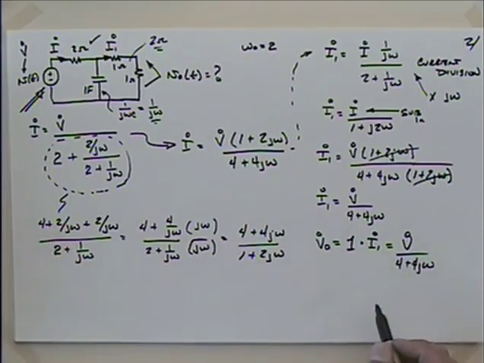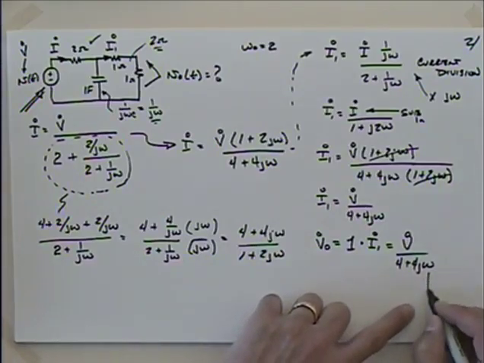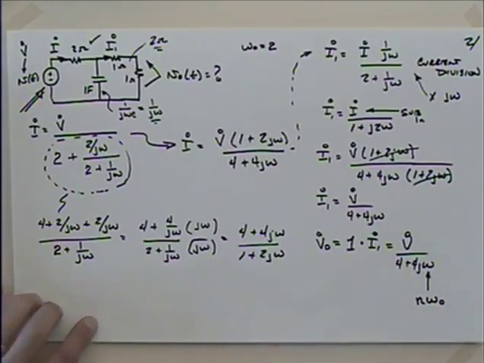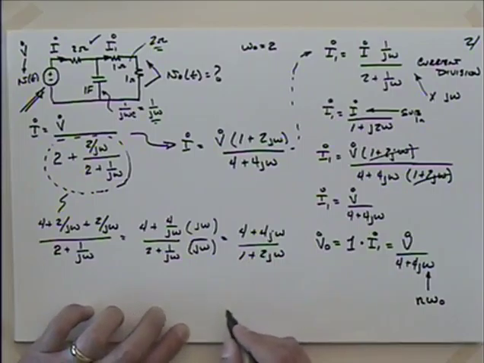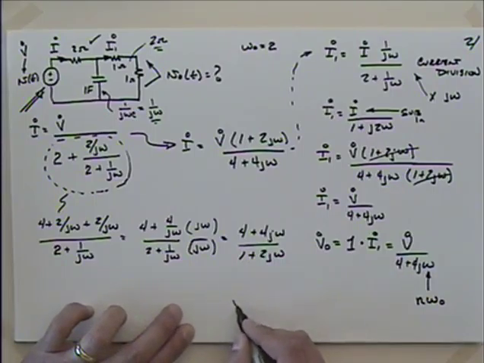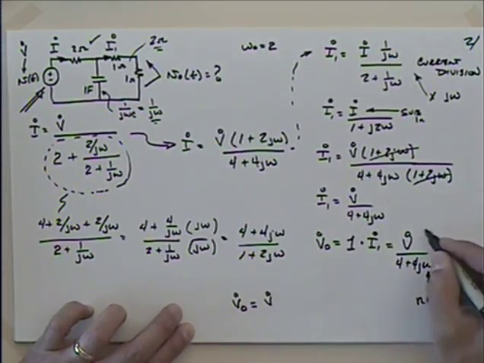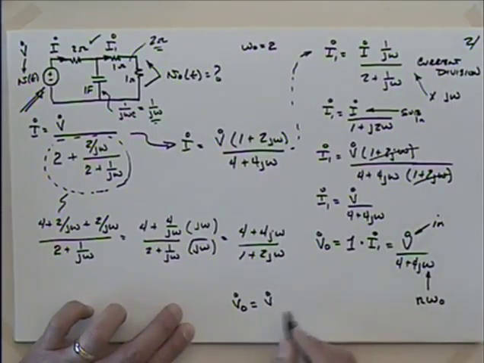Now before we go back and start to put the values into this thing, this is omega, so I think I will change this to n omega naught. Okay? So when I do that, we come up with V naught being equal to V, our input voltage, that's what's going in, divided by 4 plus 4j n omega naught, right?